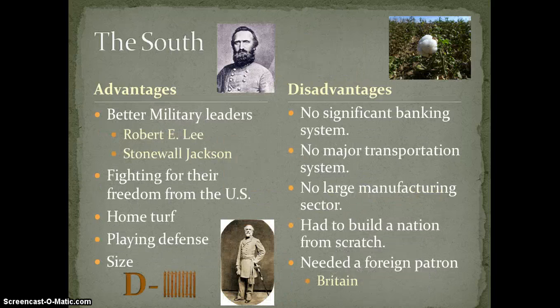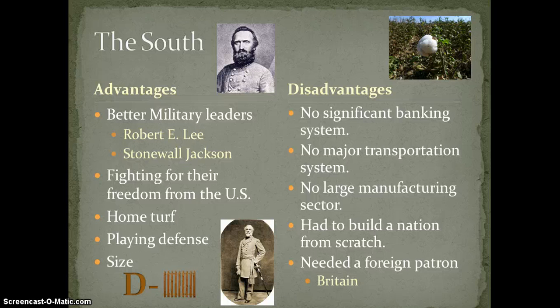Now, for the South, some of the advantages were they had better military leadership. They won a lot of battles at the beginning, and this was in part due to Robert E. Lee, Stonewall Jackson, and Jeb Stuart. The South was actually fighting for their freedom. You wouldn't think that the South was fighting for freedom, but they were fighting for their freedom from the U.S., not just to keep slavery.